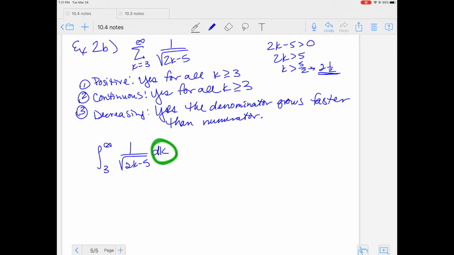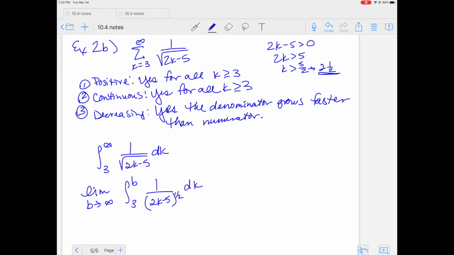It's your differential with respect to that variable. Okay, let's do our limit. The limit as, I don't care what you use, b. If you want to go b here, b goes to infinity from 3 to b. Now, if I have this as 1 over 2k minus 5 to that 1/2 power.